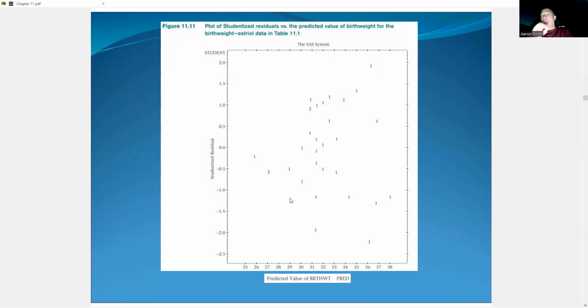Now, when you look at these plots, a good rule of thumb, if you're unsure and trying to figure out, do I see a pattern? Take any one point and move it, in your mind, pick it up and move it to another part. If moving one point changes your interpretation of the plot, you don't see a pattern.